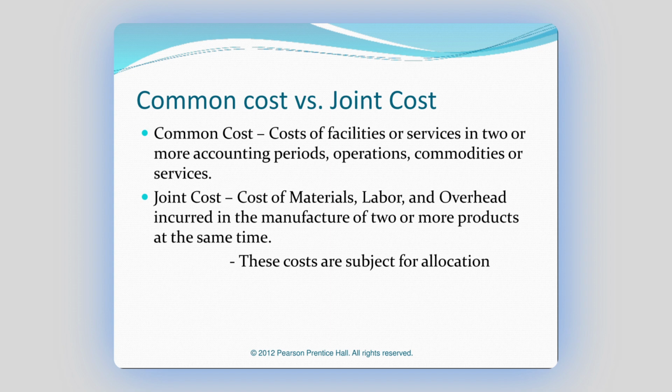Pero pag yan ay you have what you call joint cost, 'di ba? Yung cost ng pag-aalaga niyan, no? Yan. So that would be your joint cost, okay? So just go to my video, no, about joint cost of the product. Cost of materials, labor, and overhead incurred in the manufacture of two or more products at the same time. And these costs are all to be subject to allocation.